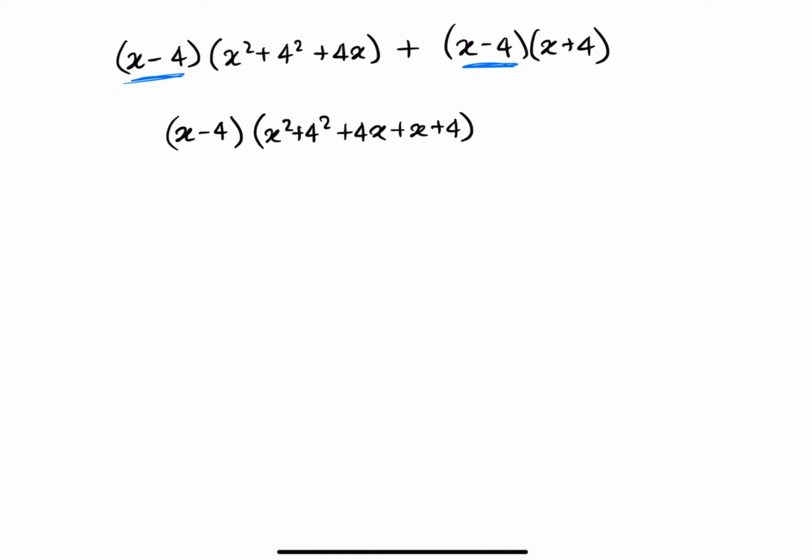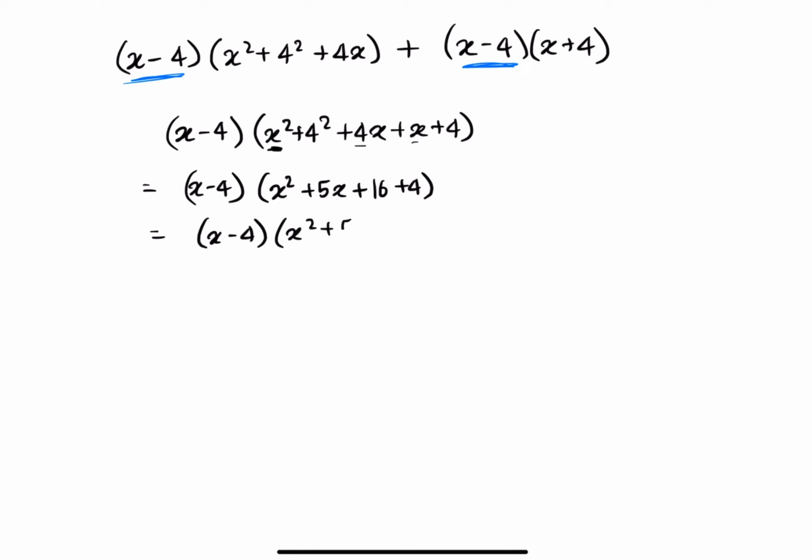Now, when we simplify this, we'd have x minus 4 times x squared, since there's only one x squared, plus 4x plus x, which gives us 5x, plus 4 squared, which is 16, plus 4. So after we narrow this down, we have x minus 4 times x squared plus 5x plus 20.